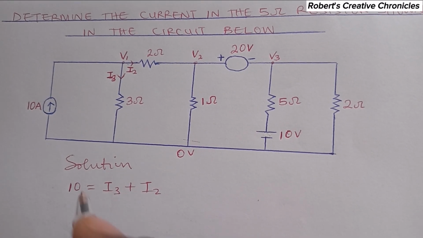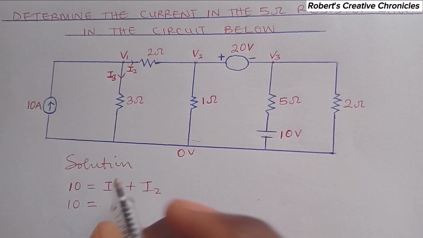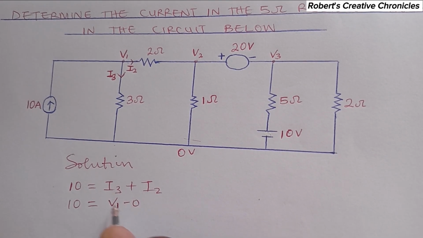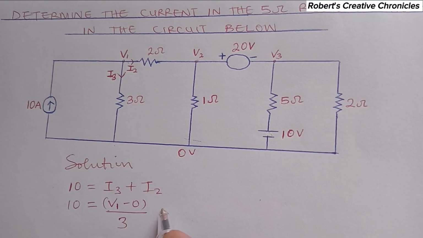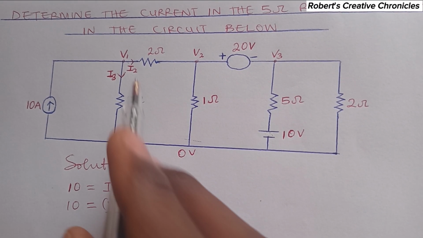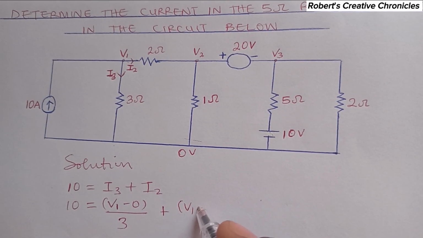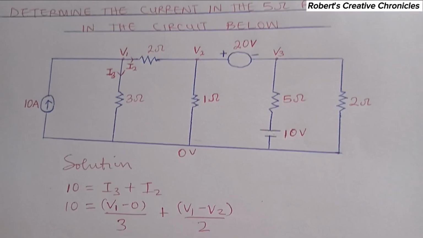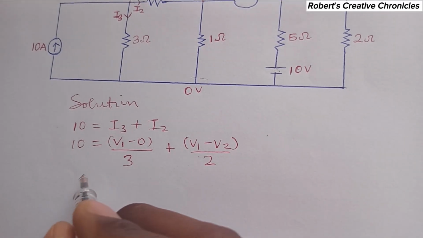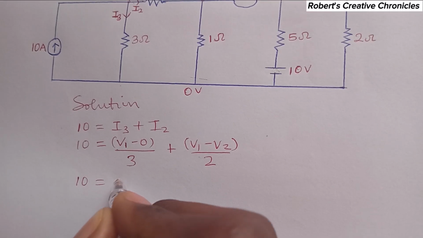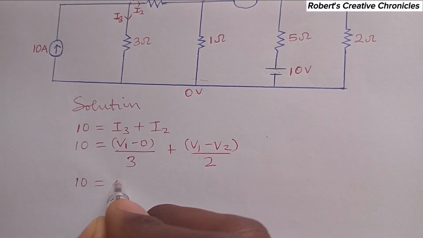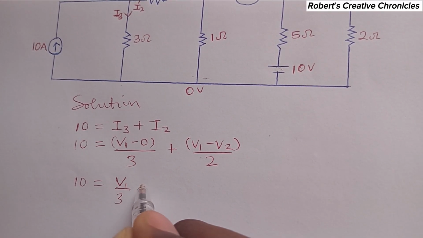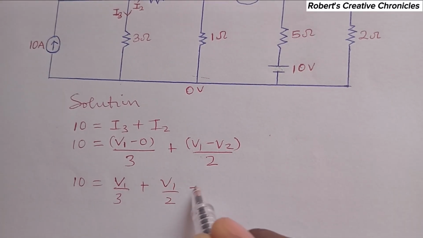Then applying Ohm's law, I3 is V1 minus 0 over 3. Then I2 is V1 minus V2 over 2. So if we simplify this, we get V1 over 3 plus V1 over 2 minus V2 over 2.